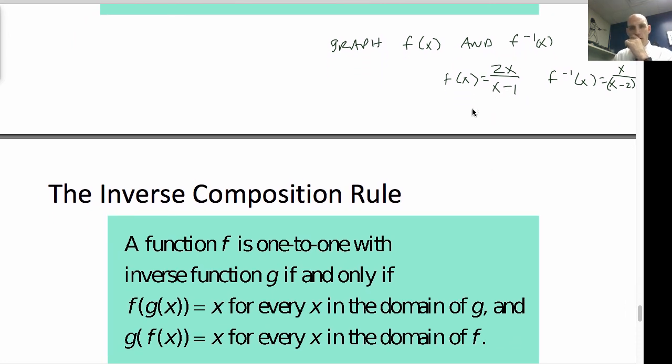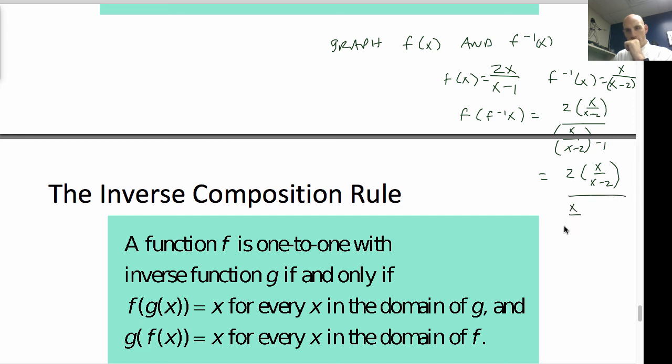So f of f inverse of x is equal to 2 times x over x minus 2, over x minus 2 over x minus 2 minus 1. Let me write it again. 2 times x over x minus 2, over x over x minus 2 minus 1.